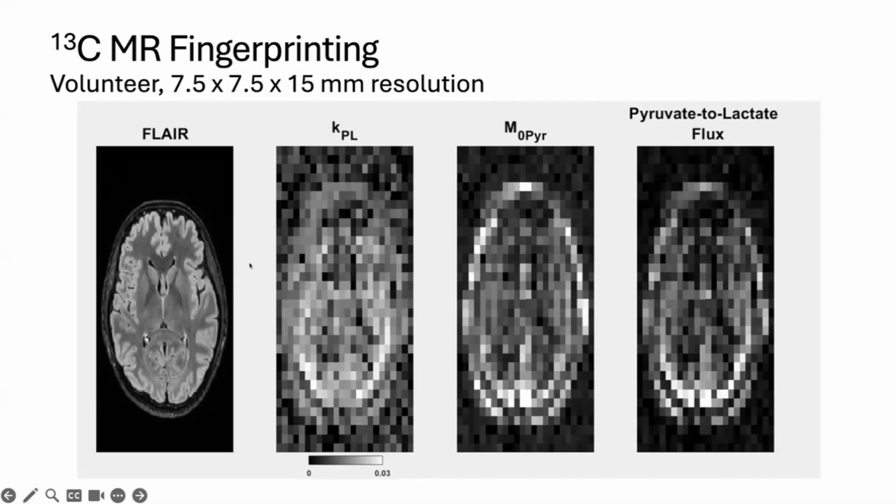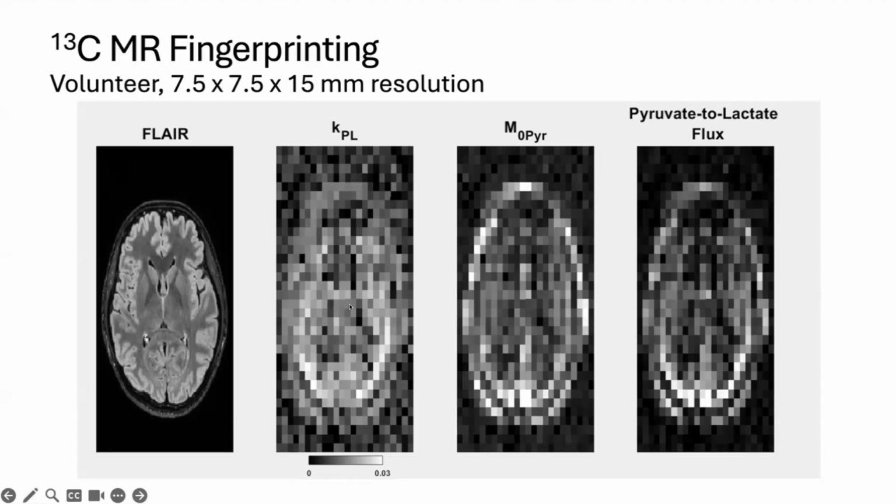These are from approximately the same slice as our reference image. And this is without any denoising or smoothing or thresholding or anything. These are just the direct KPL maps, M0 and flux maps derived from matching. From a holistic perspective, we can see a nice cortical gray matter versus deeper white matter differentiation.